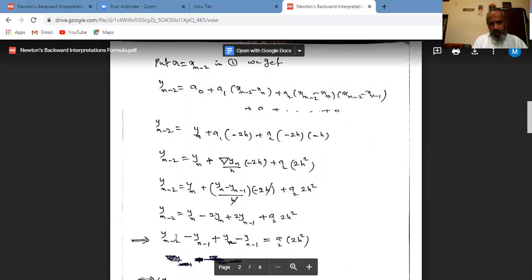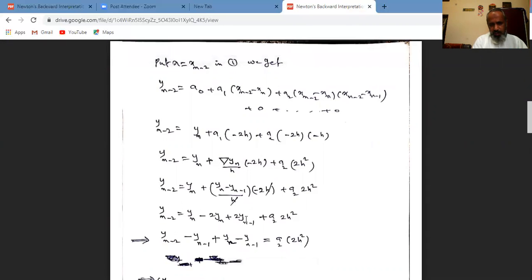square. So y(n-2) minus yn is equal to minus 2yn plus 2y(n-1) plus a2 into 2h square. This 2y(n-1), we are writing as yn plus y(n-1). The y(n-1), if we bring it to the left side, becomes minus y(n-1). And this is yn minus 2yn, which becomes minus yn. If we bring this to the left side, it becomes plus yn, and this is plus y(n-1).